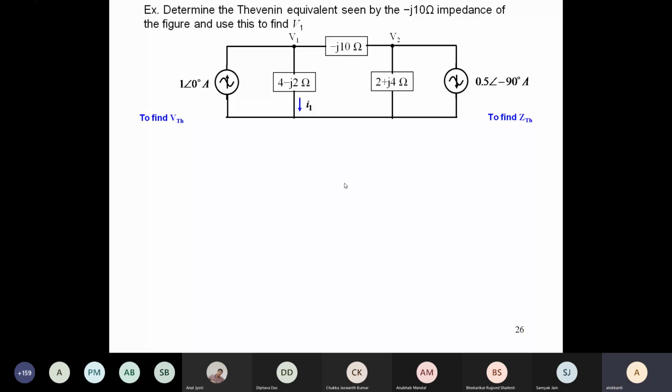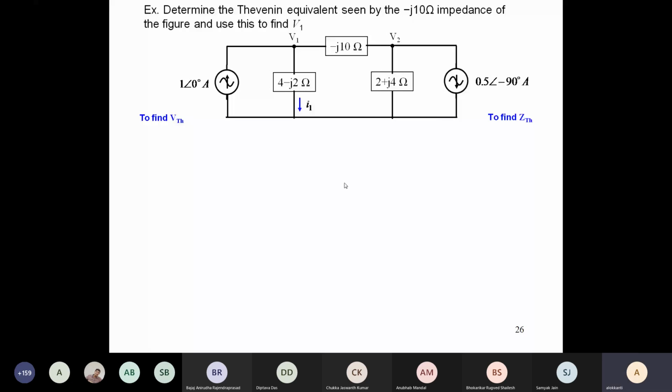So 8 minus 4J. First is the Thevenin voltage, and then the Thevenin impedance. How much is the Thevenin impedance? 6 plus 2J. You can visualize the Thevenin impedance.